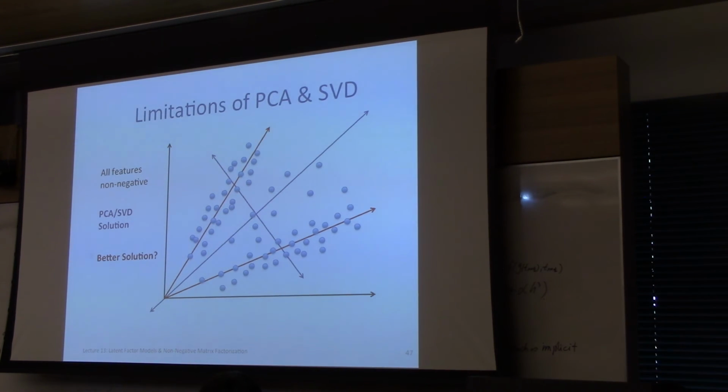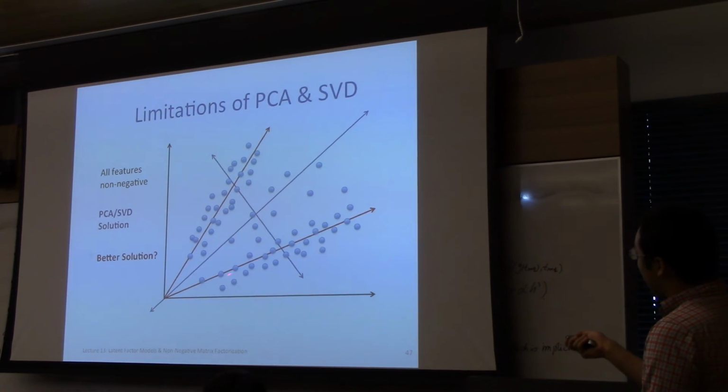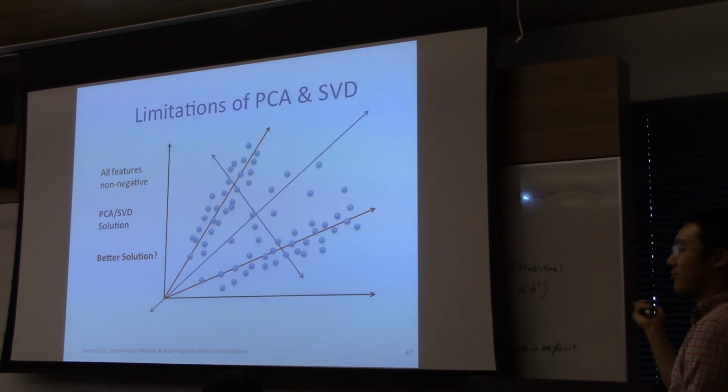If I squint, and do a mean centering, then the purple might be what PCA or SVD gives me, because it tries to capture the directions of most variability. But it's really not that great. There seems to be one dimension here and one dimension here that really capture most of what's going on.